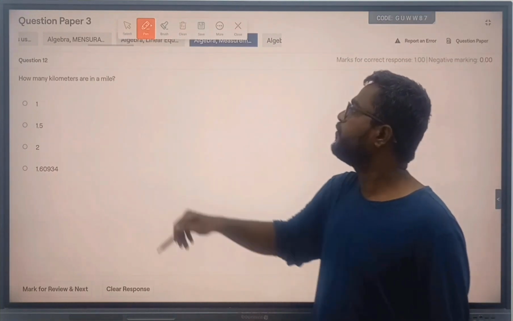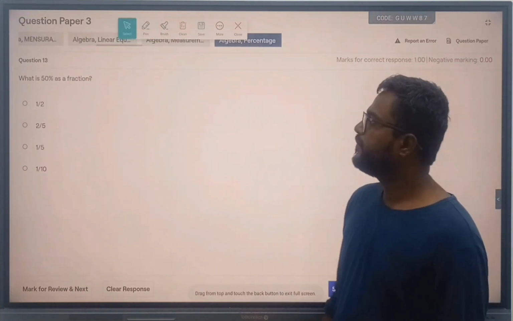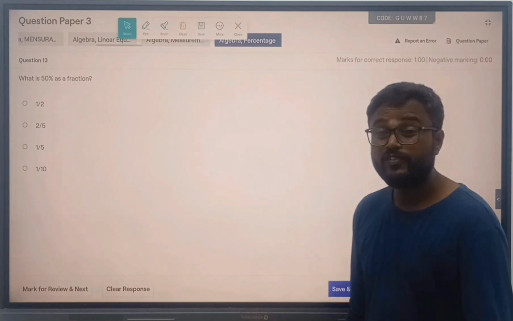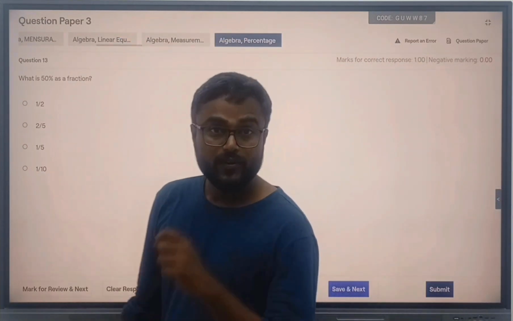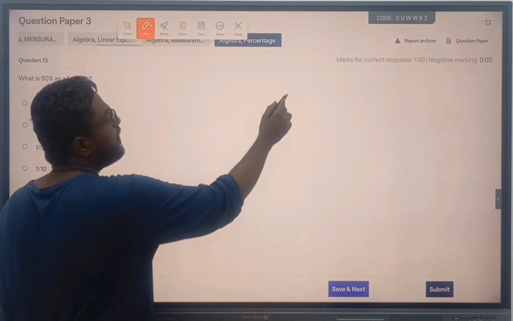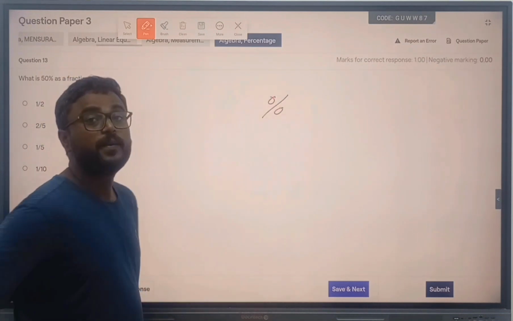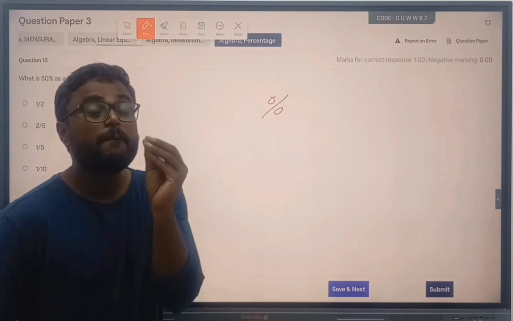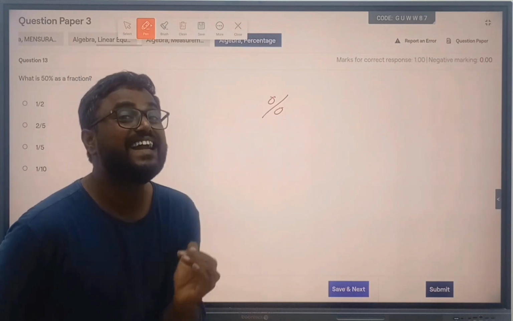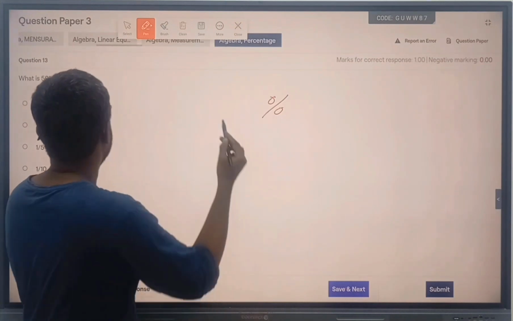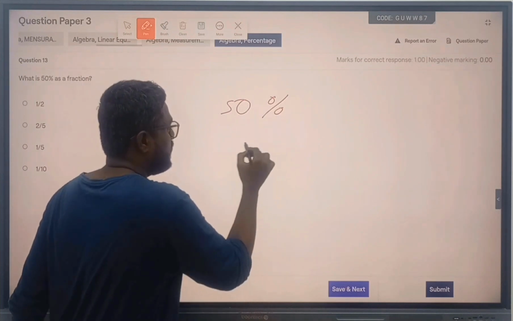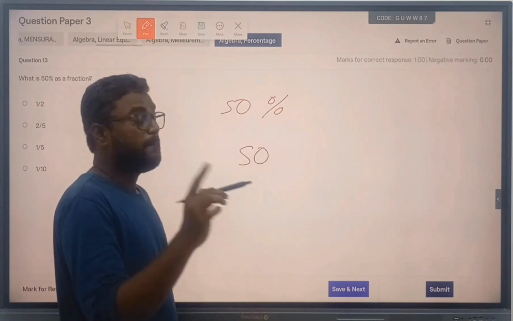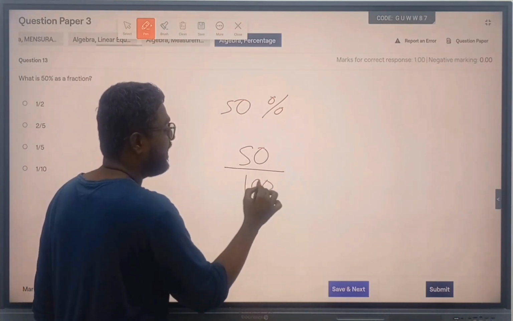The next question is, what is 50% as a fraction? Now remember, whenever you see this sign, it means percent. Percent means what? Per 100. So 50%. What do we do? 50 over 100.